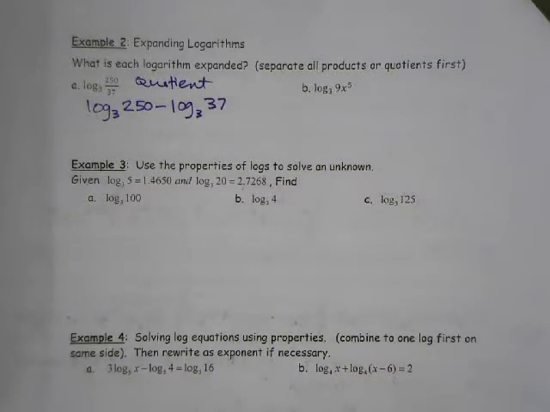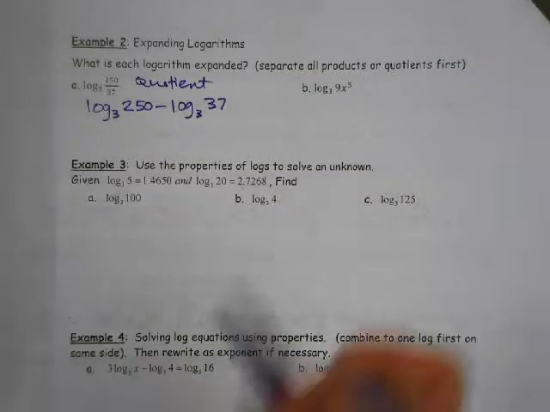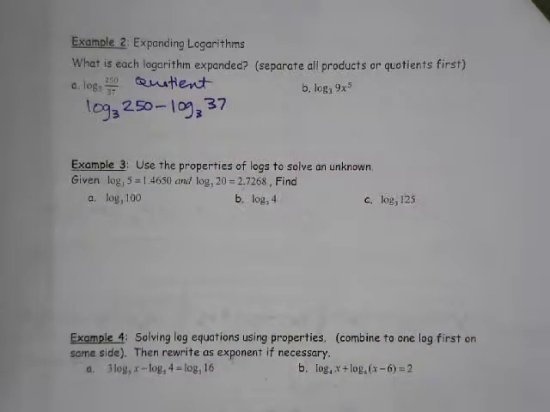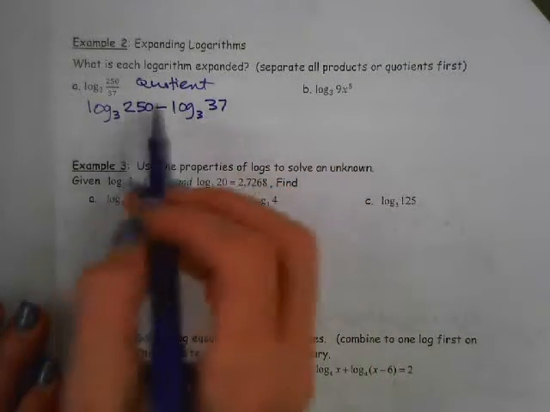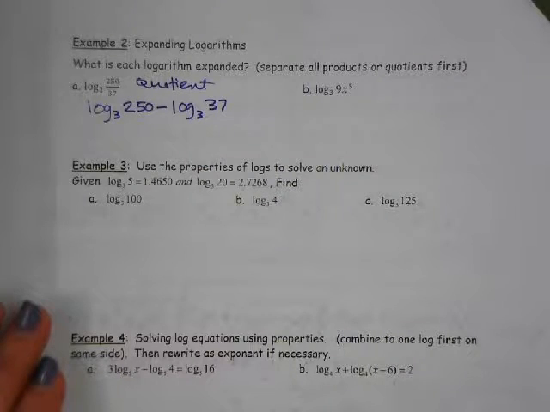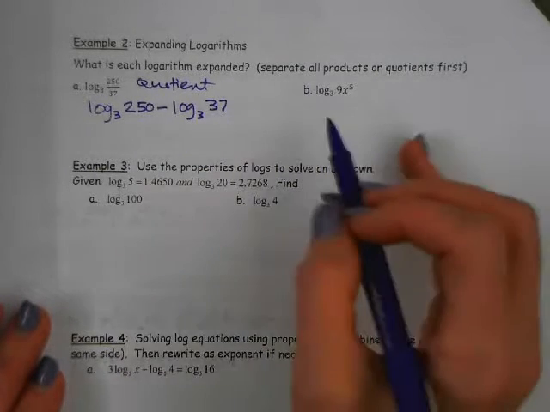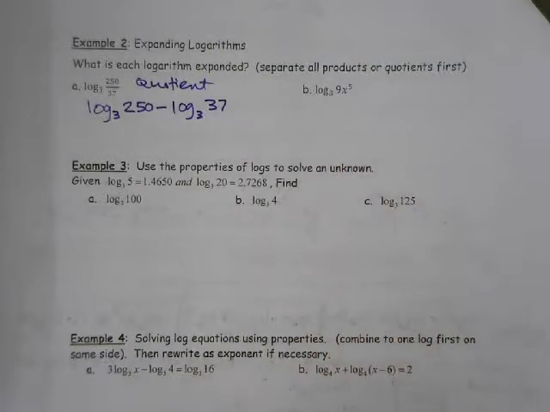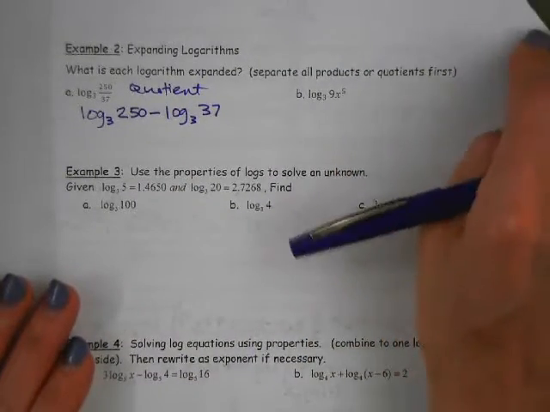Okay? If you could reduce those, you could go ahead and do so, but we don't really know what those are, so we can just leave it like that for now. Okay? So then you just take the 250 and then subtract. Does everyone see how I did that? Separate them? Okay? Alright, so now we have log base 3 of 9x to the 5th power. So, how many properties do you guys see on that one?